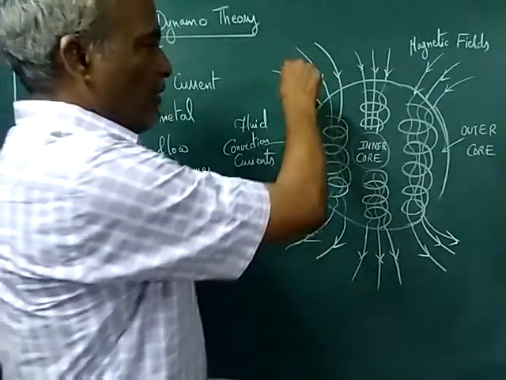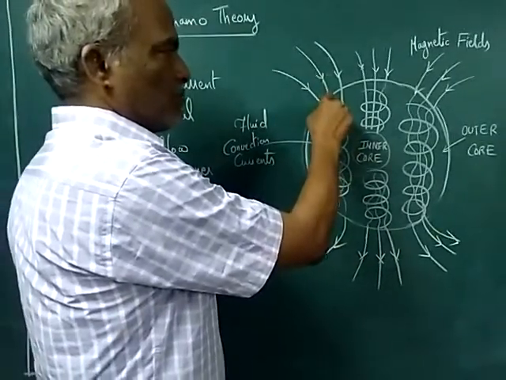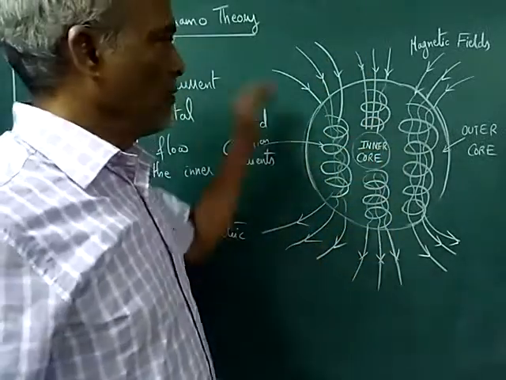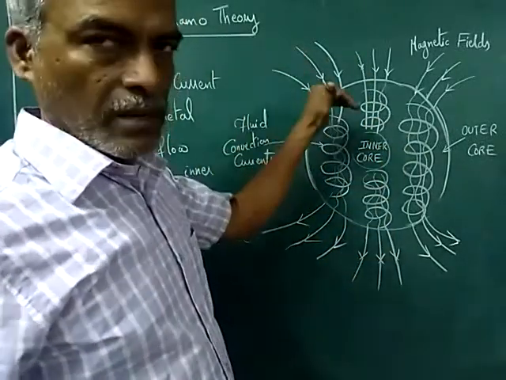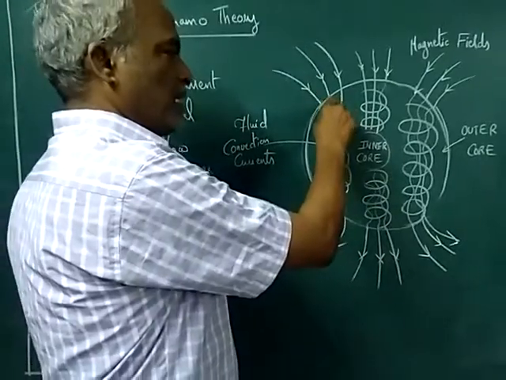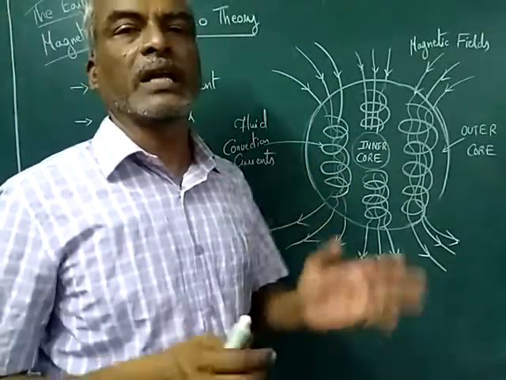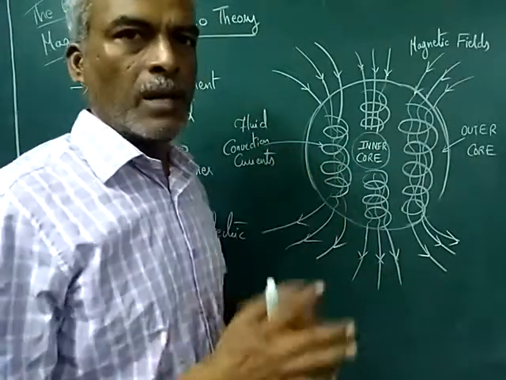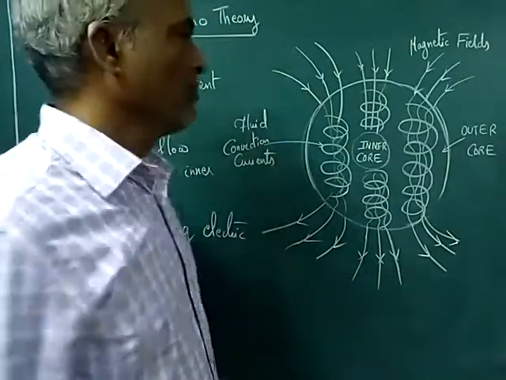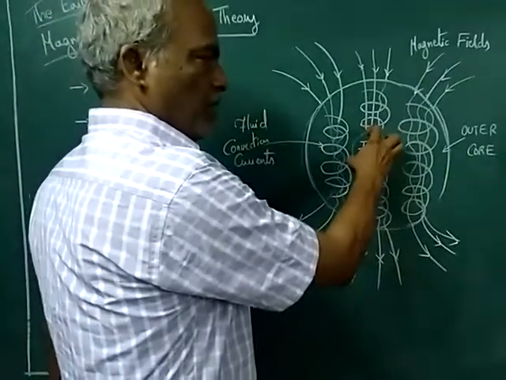The magnetic field up to the surface of the earth will be a uniform field, and afterwards it takes its own shape. It is not highly directed because the fluids will take a random shape of motion based on so many factors. One is the heat emitted from the inner core.